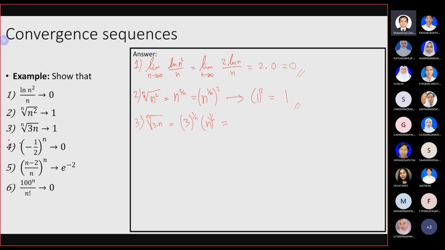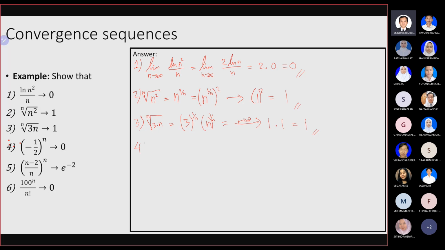As n goes to infinity, we have 3 power 0, which is 1, multiplied by n power 1 over n, which is also 1. This is equal to 1.